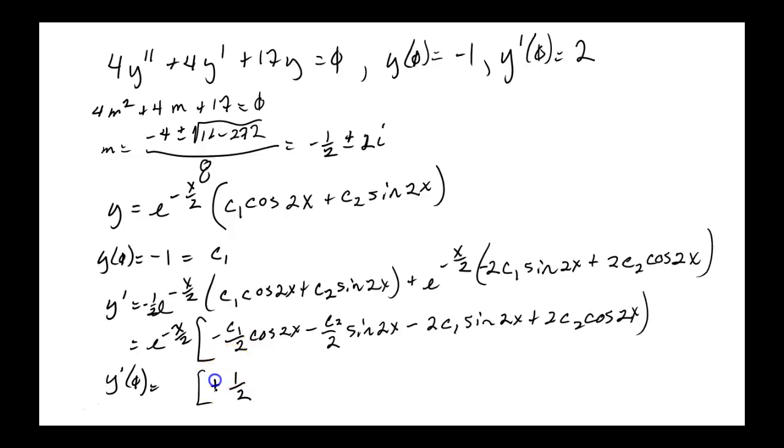No, it's a positive 1/2 because you have the minus sign and then you plug in a minus 1, so that makes it a plus 1/2. And cosine of 0 is 1, so that's okay. And then the next one goes away, and then you have a plus 2c2. But cosine of 0 is 1. Okay? And this has to equal 2.